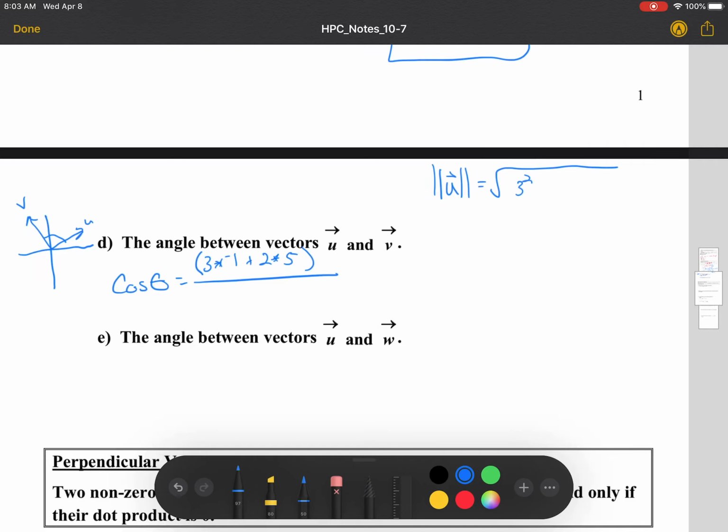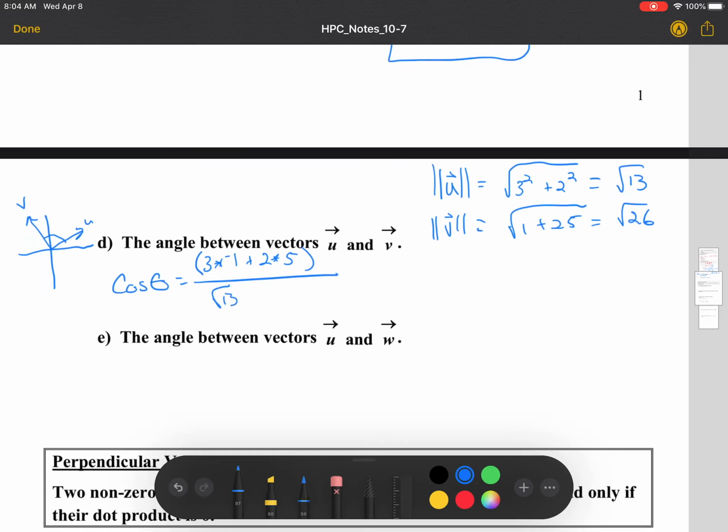So that's 3 squared plus 2 squared, which equals the square root of 13. Then my V is going to be the square root of 1 plus 25, so the square root of 26.